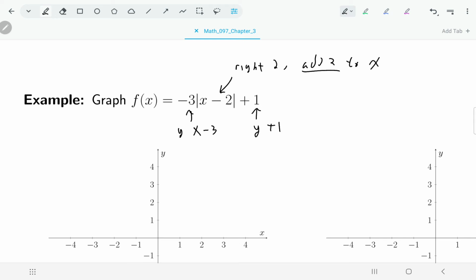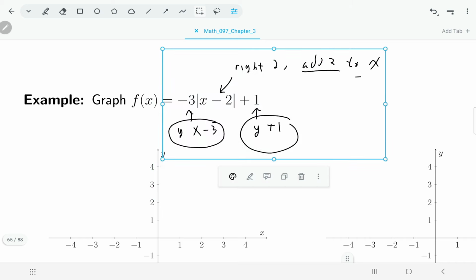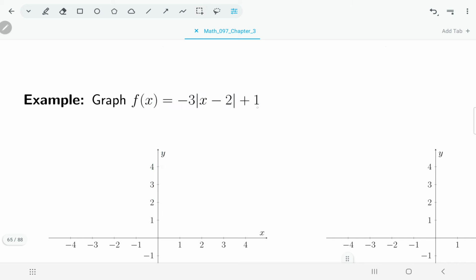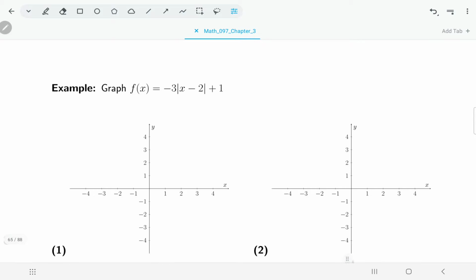The way that I'm going to do my transformations, I'm going to start off doing my horizontal transformation first, and then when it comes to my vertical transformations, I'll need to remember that the stretch and flip happens first before I do my shift upwards by 1. So that means that for my graphs, the very last one that I'm going to do will involve the shifting upwards by 1. I'm going to start with my basic shape, though.